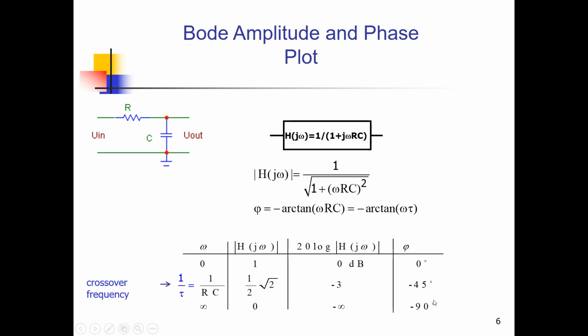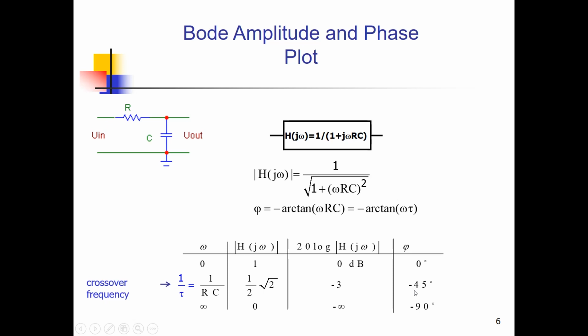And at the crossover frequency, where omega is 1 over tau, we get minus the arctangent of 1 over tau times tau, which is minus arctangent of 1, which equals minus 45 degrees.